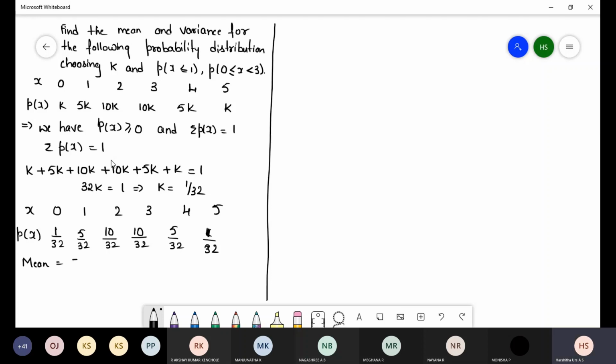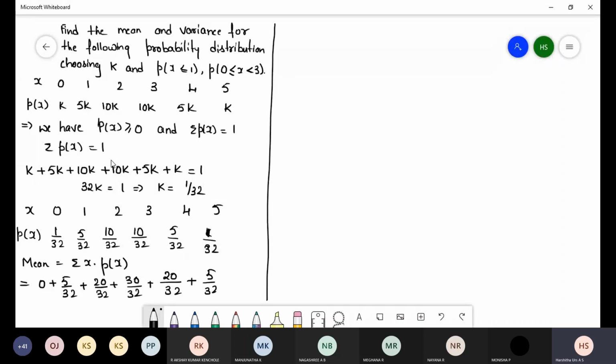Mean formula: summation of x into P of x. So the first term is 0 plus 5 by 32 plus 20 divided by 32, 30 divided by 32, then 4 into 5 is 20 divided by 32 plus 5 into 1, 5 divided by 32.